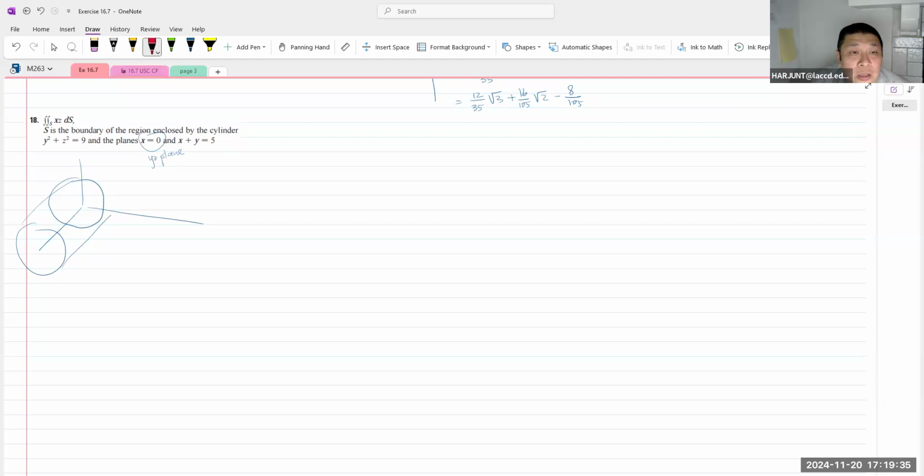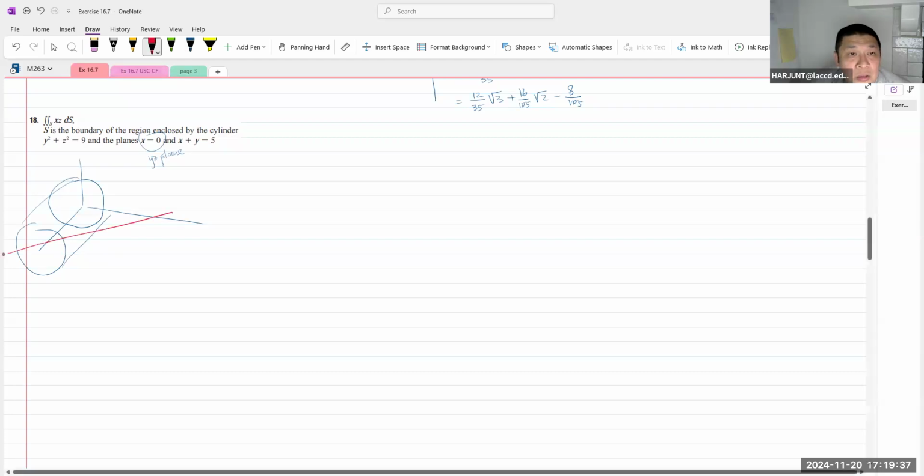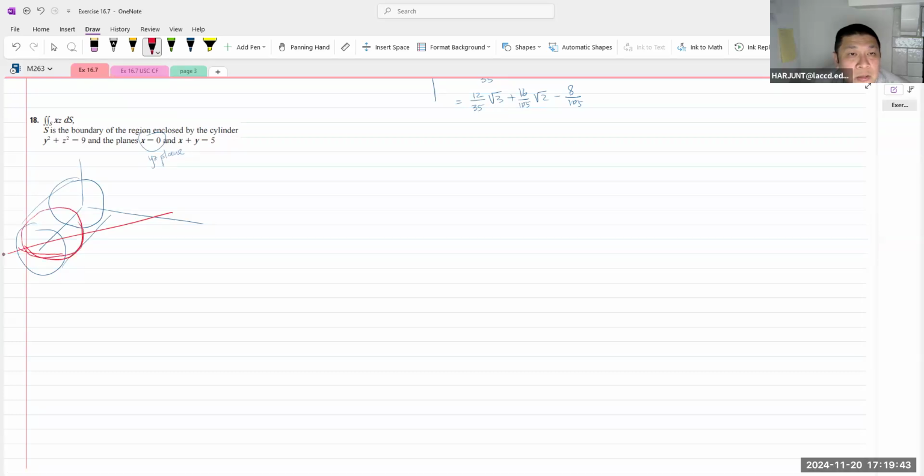So it is cut this way. So later on it will be like this. Slanted cut.